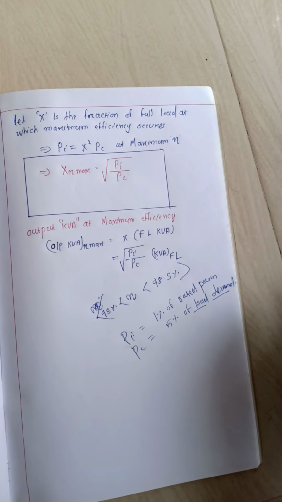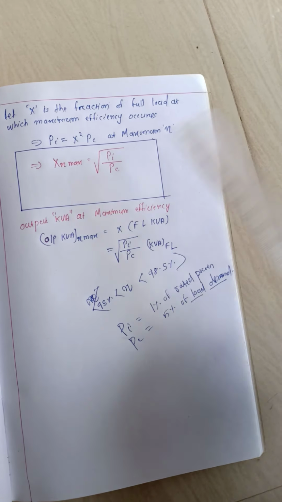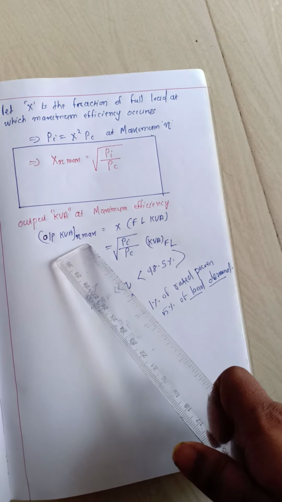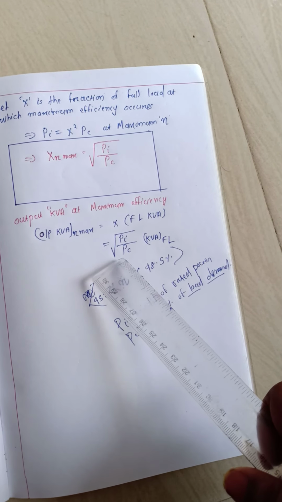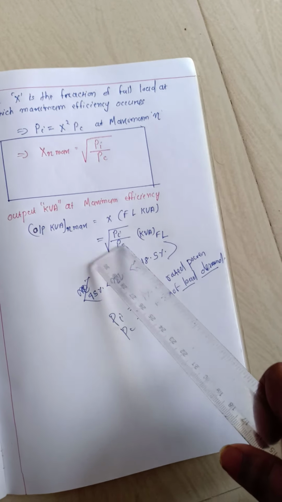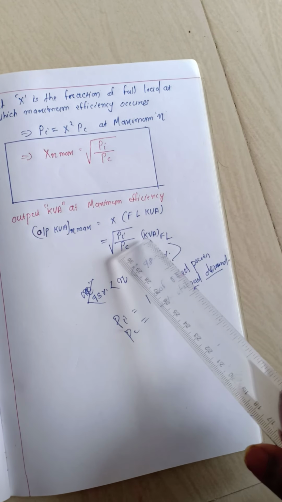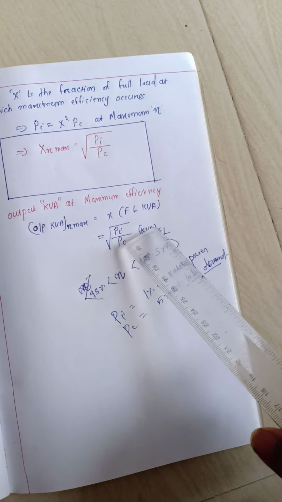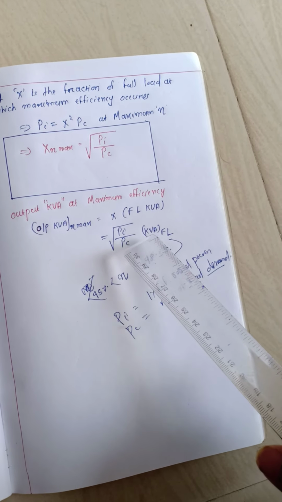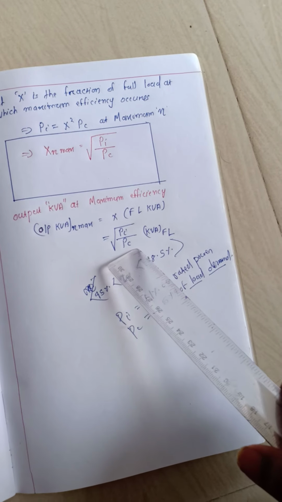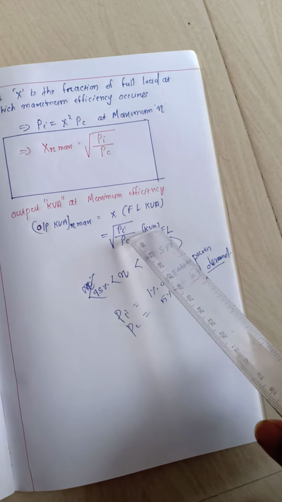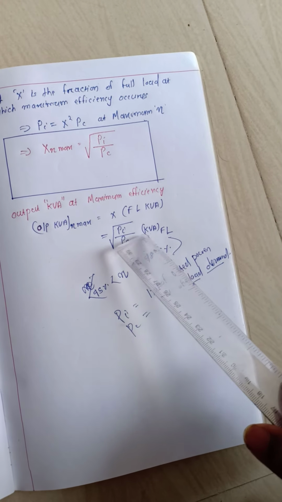So we have to remember three important equations. First, kVA output at maximum efficiency is equal to root over of Pi upon Pc, that is the copper loss at full load, into kVA at full load, that is the rated kVA, which is different for differently designed transformers. For a given transformer, we will find its kVA rating on the nameplate.